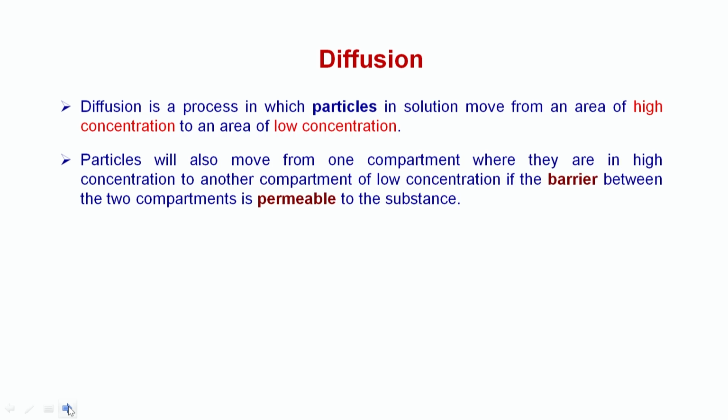Now coming to the diffusion. Diffusion is a process in which the particles in solution move from an area of high concentration to the area of low concentration. Particles will also move from one compartment to the other compartment if the membrane which separates the two compartments is permeable to those substances.